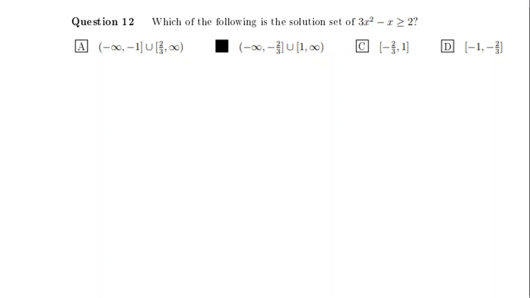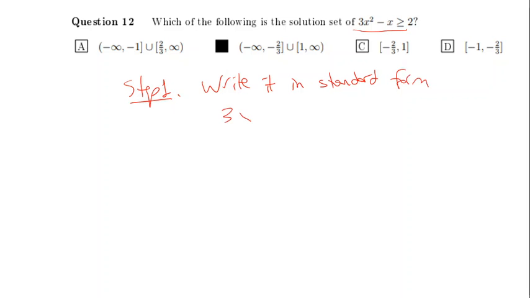Which of the following is the solution set of 3x squared minus x is bigger than or equal to 2? Now the first step is to write it in standard form. What does this mean? It means write it as bigger than 0. So make one side 0.